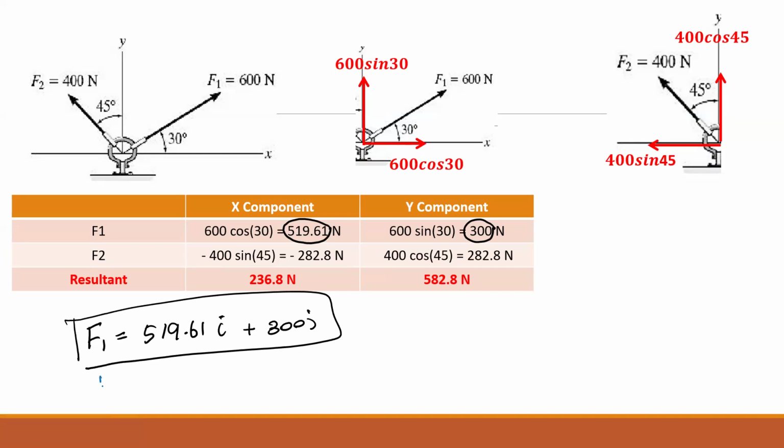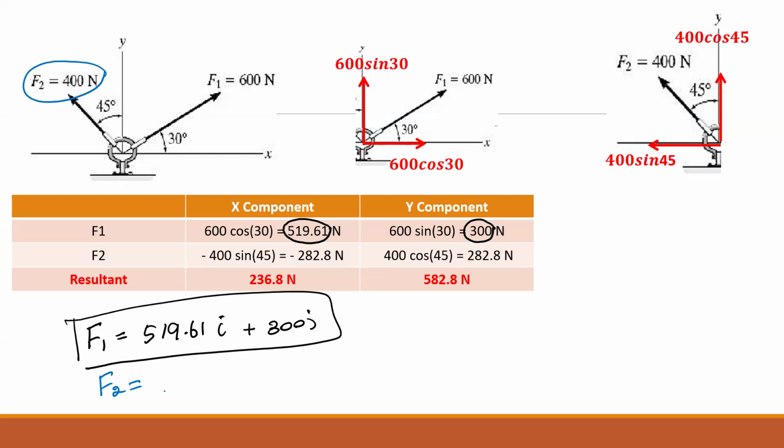Can you tell me how to write F2? F2 is my 400 force, this one. How can I write it? X component times i plus y component times j.